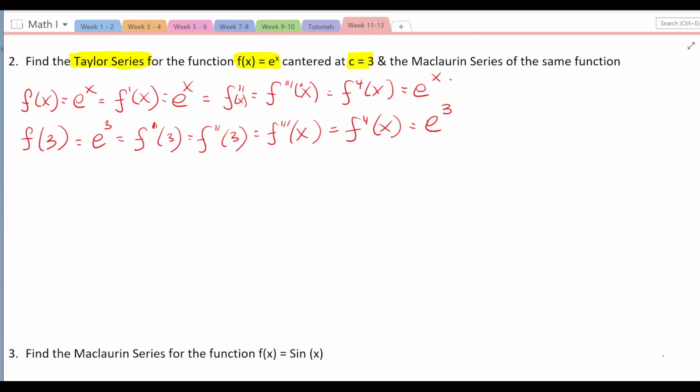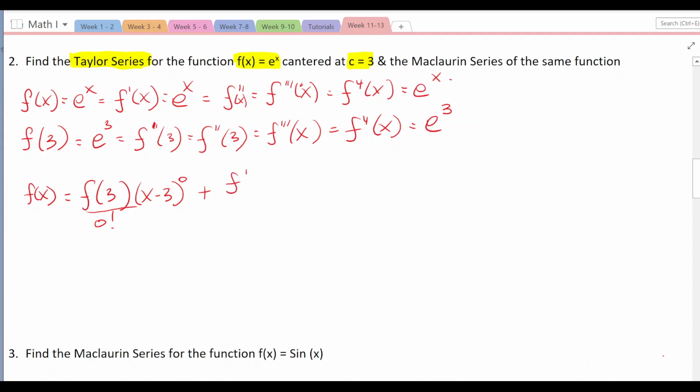So we can start substituting the value into the Taylor series. If you remember the general formula, f of x, the function we are going to work out, at a certain value, here 3: f of 3 divided by 0 factorial multiplied by x minus 3 to the power of 0, which is basically 1.